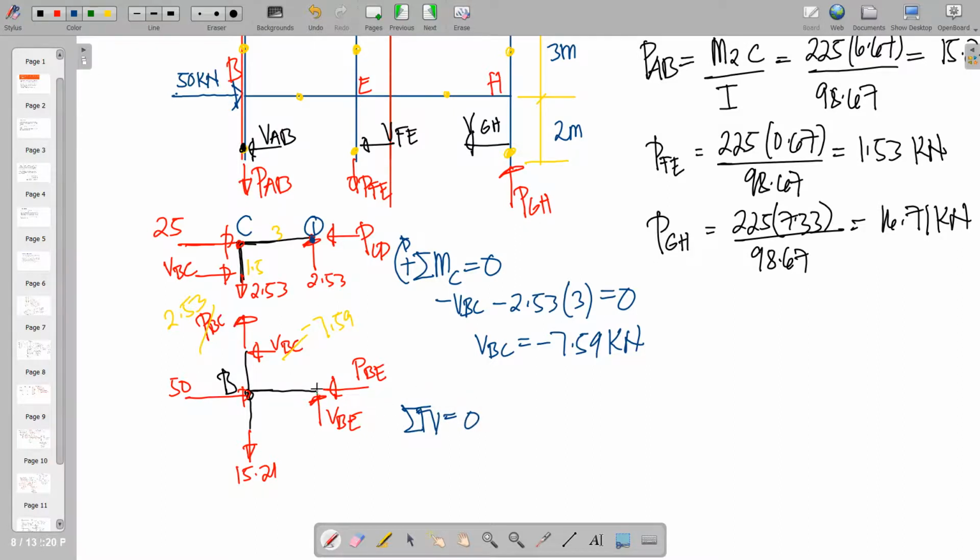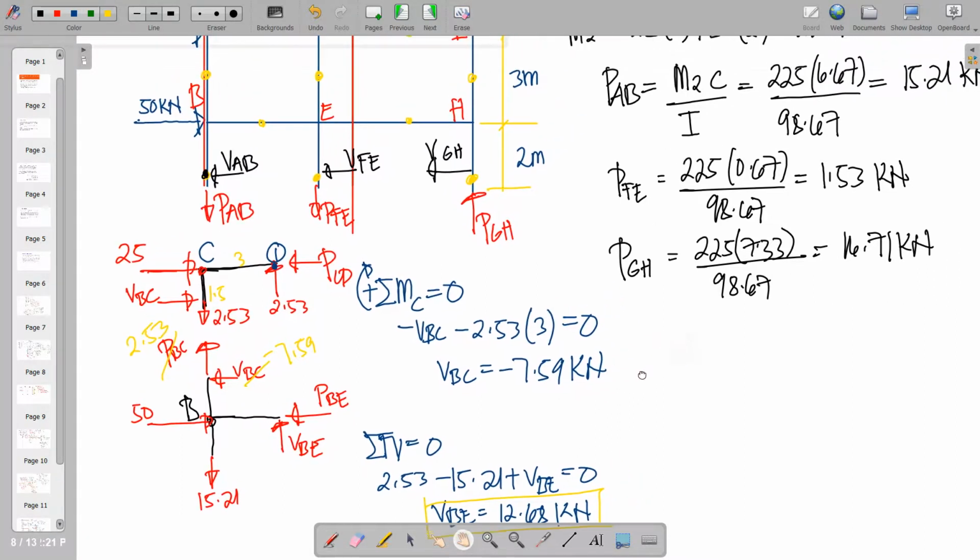We have going upwards 2.53 minus going downwards 15.21 plus upwards VBE is equal to 0. So 15.21 minus 2.53 is 12.68. So we have 12.68 kilonewton for the shear at BE.